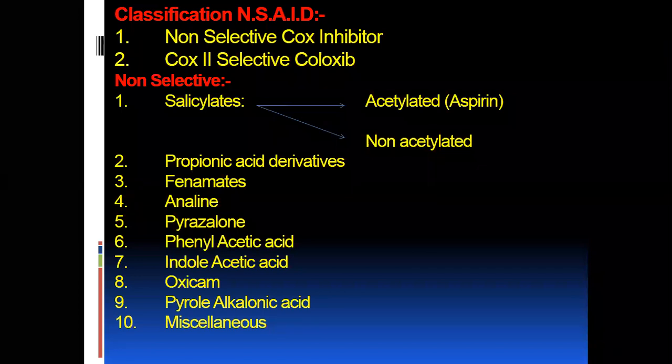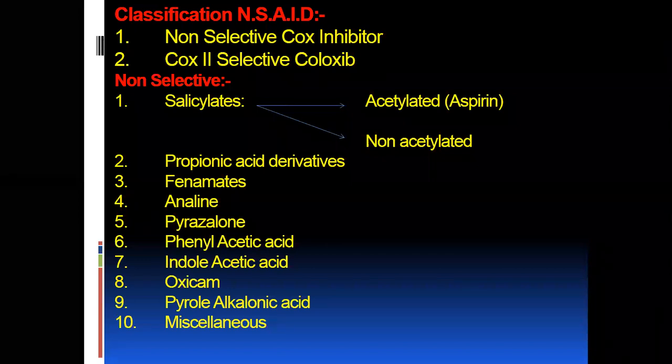Salicylates are further divided into the acetylated group of drugs, an example is aspirin, and the non-acetylated group of drugs, which I will explain later on. Among the non-selective COX inhibitors, these are all the drugs.